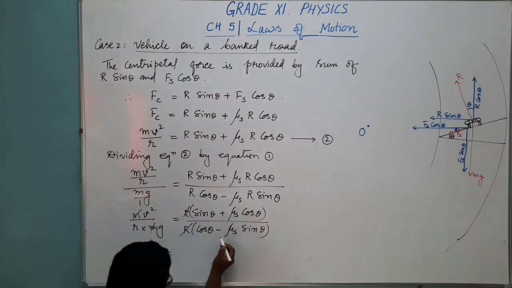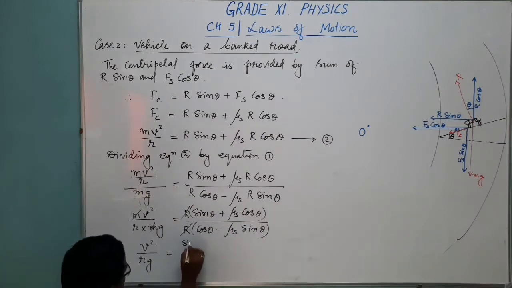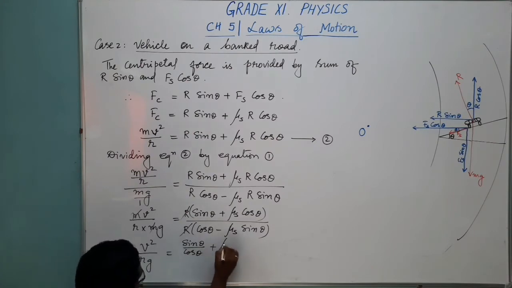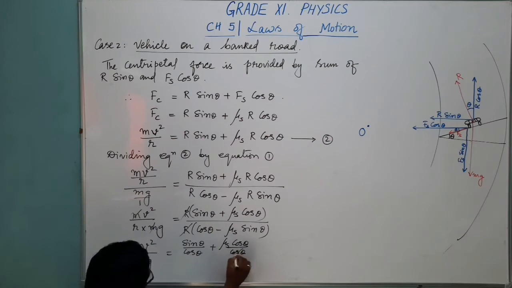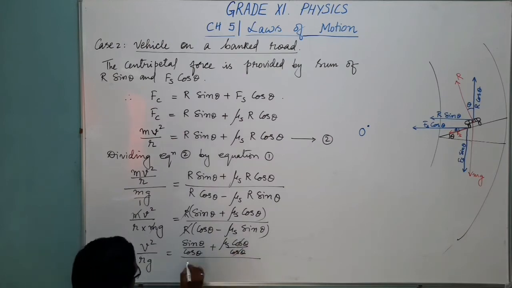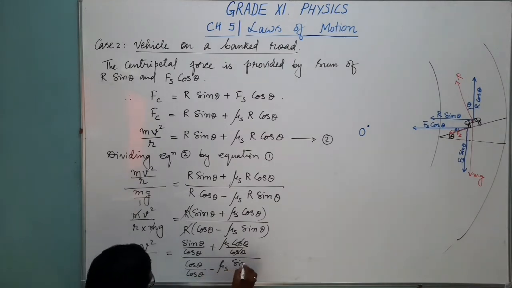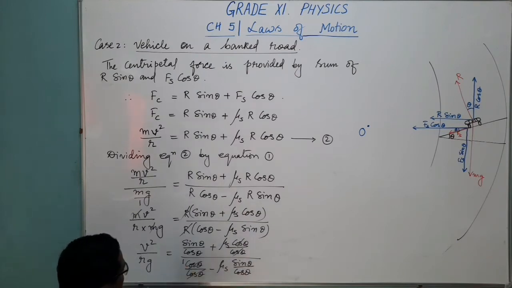Here dividing by cos theta, numerator and denominator, sin theta by cos theta plus mu s cos theta by cos theta will get cancelled, divided by cos theta by cos theta minus mu s sin theta by cos theta. Here also it will get cancelled, you will get 1.